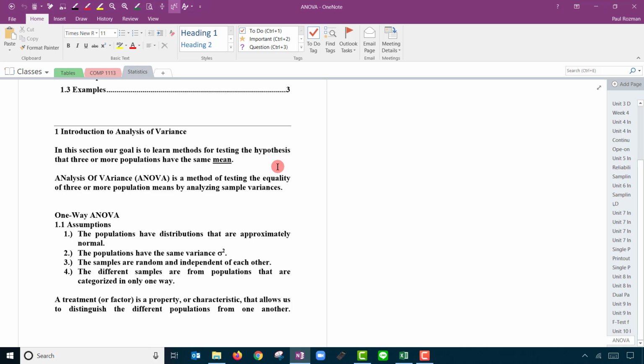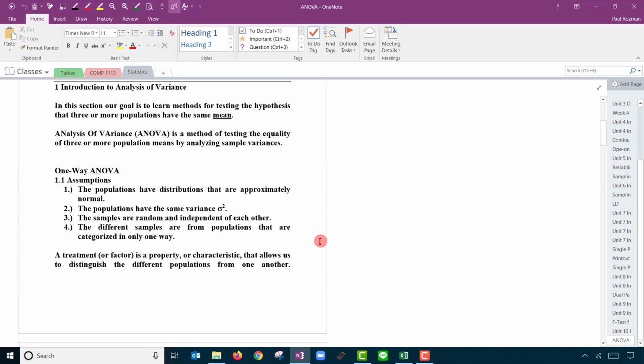By the time we were done completing all the tests, we wouldn't be very certain of our results. So we have to come up with a way to test all of the means at one time. So we'll come up with a new hypothesis test to do this.